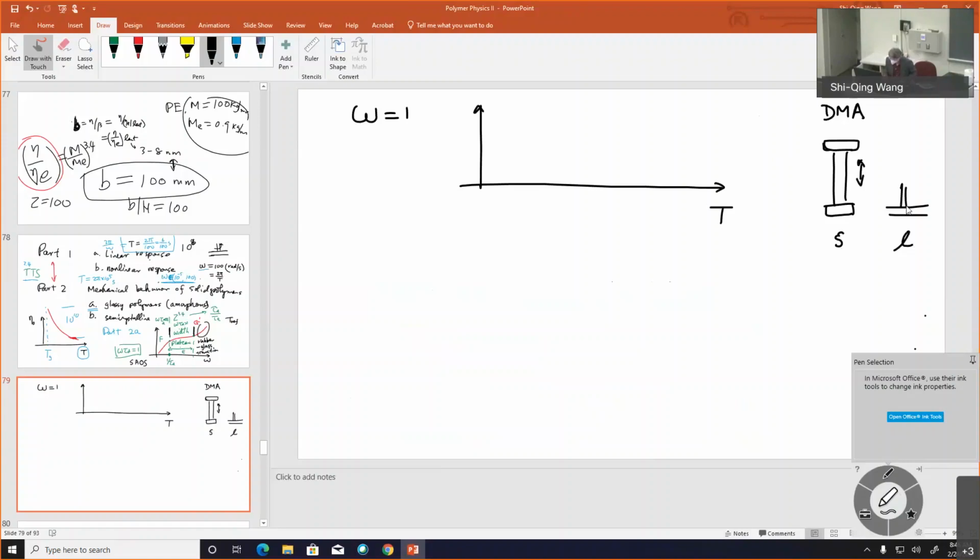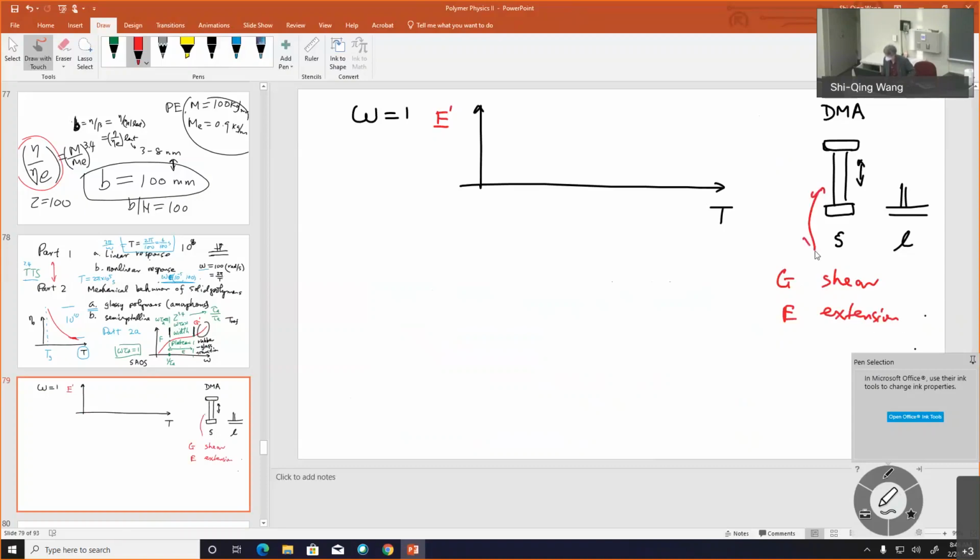But we are just talking abstractly, then it's easy for me to just tell you what will happen. What I'm going to measure is, again, because it's oscillatory, so-called G prime or E prime. G stands for shear, E stands for extension, which is this part.